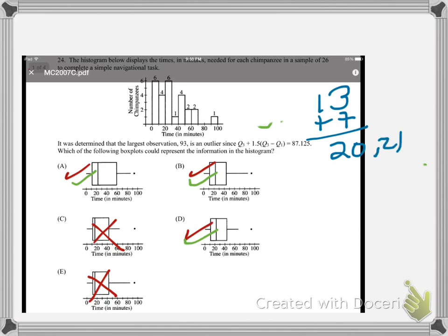All right, so we start off with the 6, and then with a 4, that gives me 10, plus the 6, that gives me 16, plus the 1, that gives me 17, plus the 4, gives me 21, so that is roughly in here. So that is going to be in the 40s, correct? So we need to have Q3 in the 40s. Okay, well this doesn't have Q3 in the 40s. This might, and this guy does, okay? So now we're left with B and D.